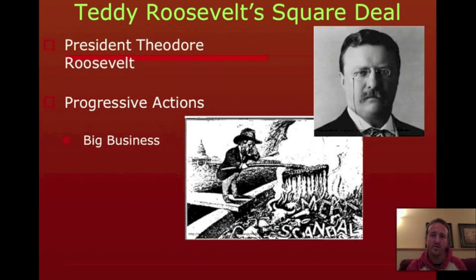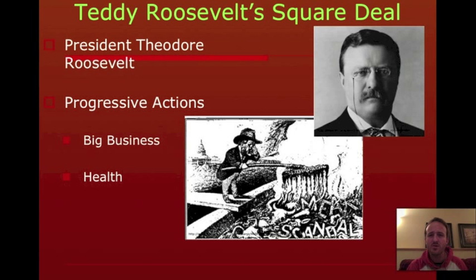Another area we can look at with Teddy Roosevelt and his square deal is health. And this is where Teddy Roosevelt is certainly impacted by Upton Sinclair's book, The Jungle. And he, like many, is just disgusted with the lack of cleanliness found inside the meatpacking industry and what is experienced by the workers that work there and what is told then by the muckraker Sinclair.